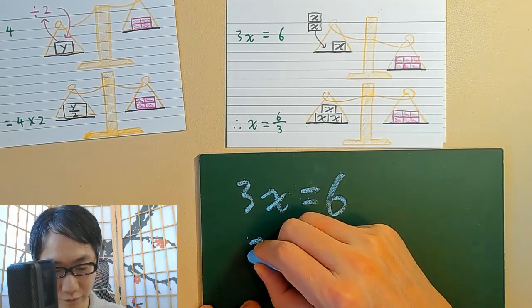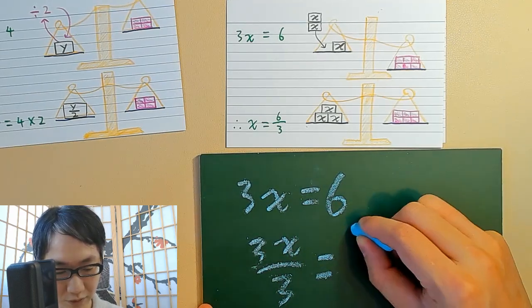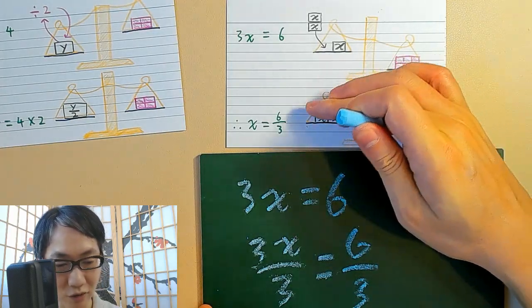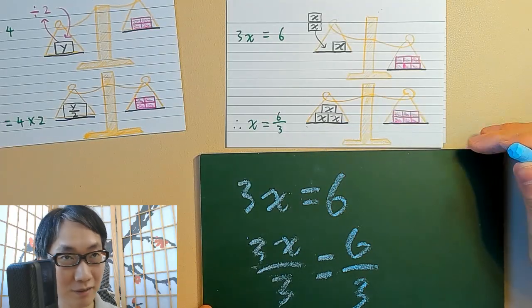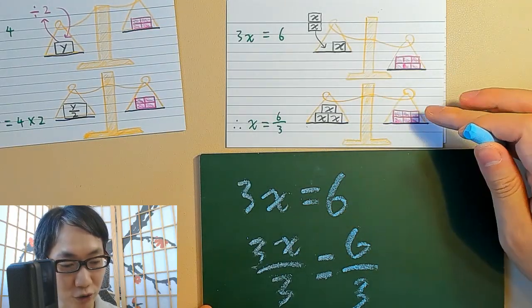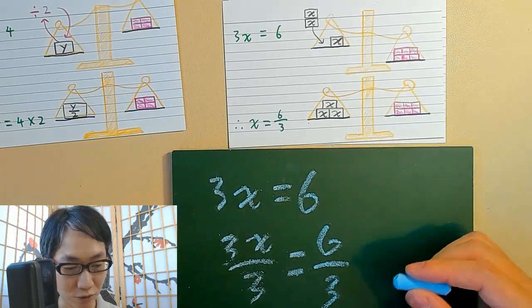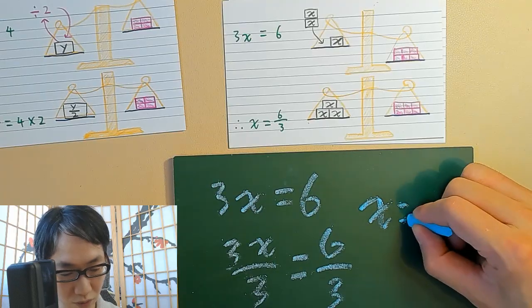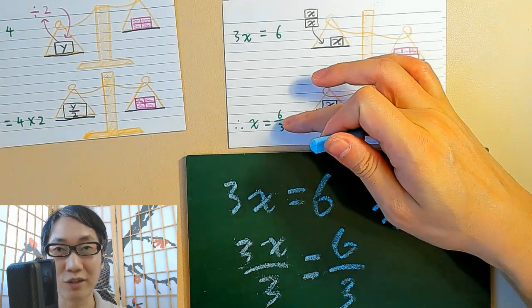Then we have 3x over 3 is equal to 6 over 3. So we divide this into 3 equal portions, and then take 1, which is x. We divide this into 3 equal portions, and take 1 portion, which is 2. So x is equal to 2. Same result here.